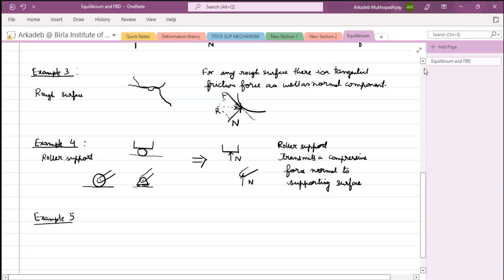The next important example is a freely sliding guideway. So there is an element of machine. Say you have something like this.